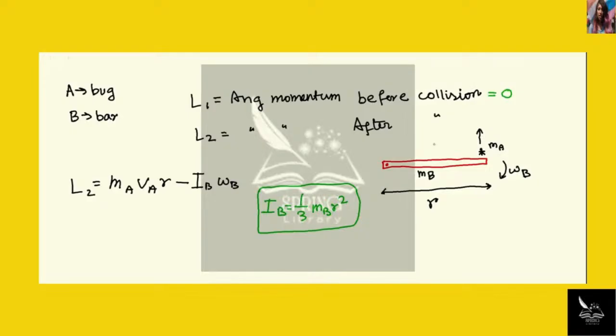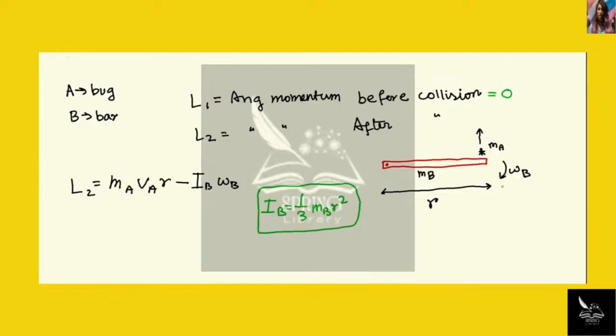But after the bug jumps, there will be some non-zero angular momentum, and we can calculate that using this expression, where ma times va is the linear momentum, and we multiply that by the radial vector, so that gives us the angular momentum.